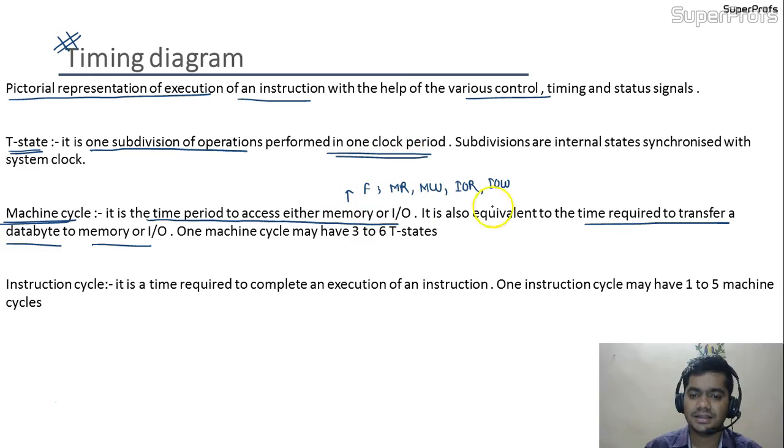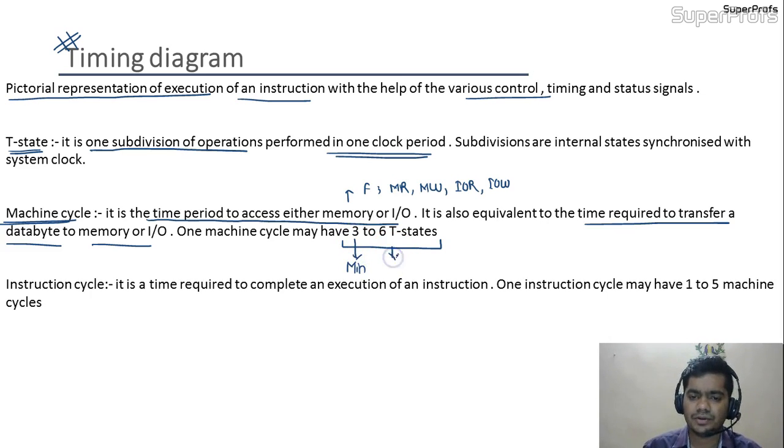This definition includes all the prospects, that is, either we are taking the data from memory or input output, or we are transferring the data into memory or input output; the time period required is regarded as the machine cycle. In one machine cycle there can be a minimum of 3 T states.